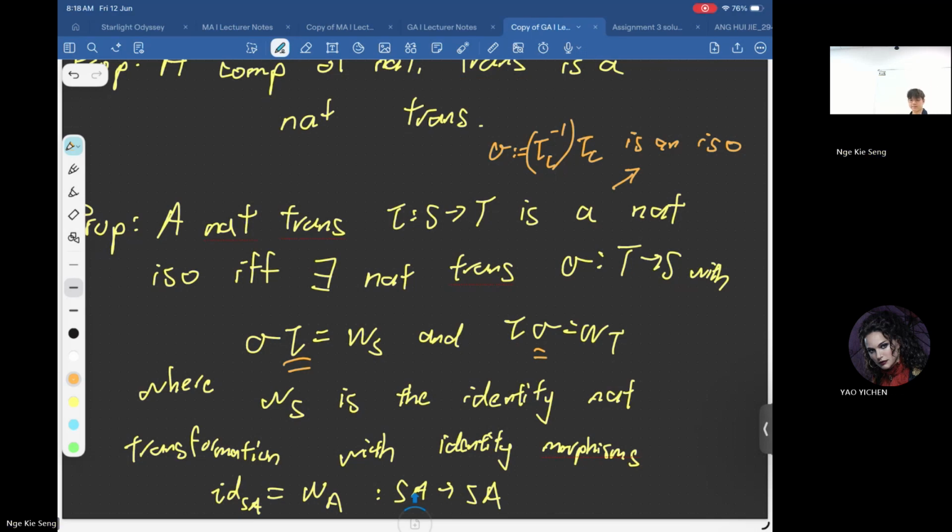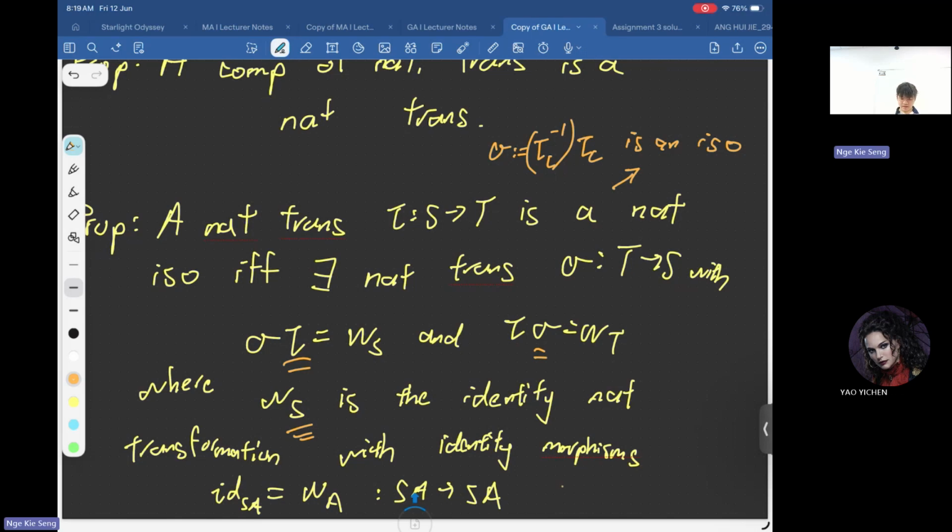Okay. And then at the same time, if there is a natural transformation that gives you the inverse for tau, then the component morphism should give you the isomorphism for every tau c. Okay, because this being an identity morphism means what?